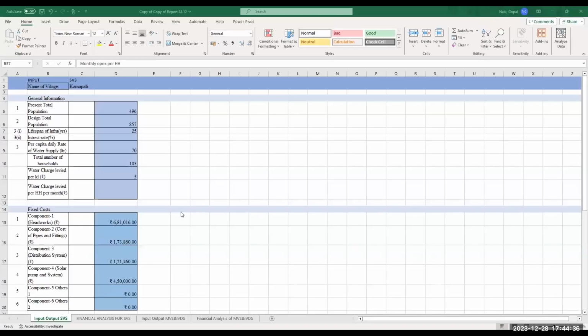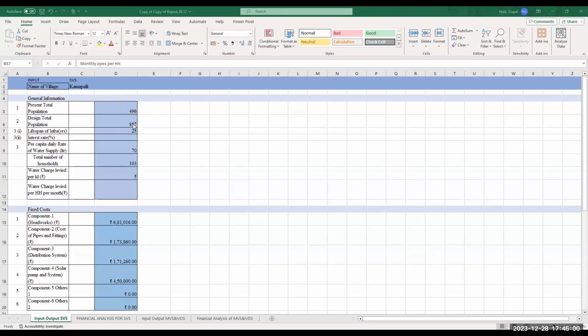Okay, so this is the worksheet that we prepared to help calculate these various unit costs. For example, this is for the example that I have already discussed, the Kamapalli village.